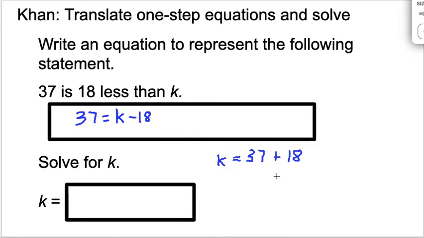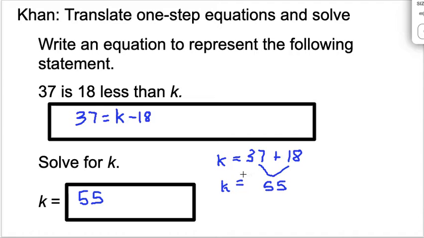If we work that out, we get 55. So k is equal to 55. So that's what we would put in here. We would just put 55 in here, and then we would submit that.